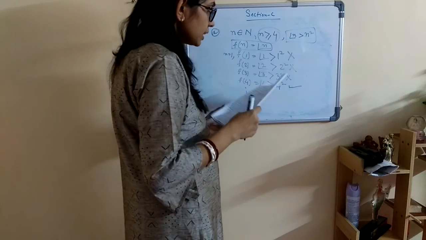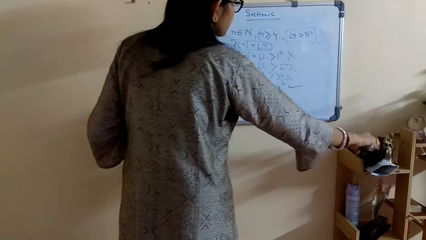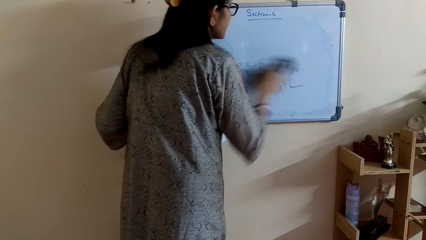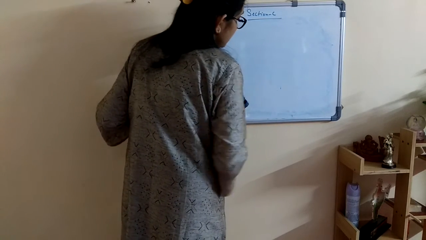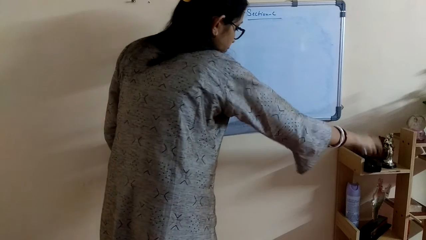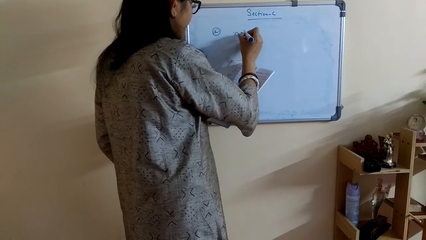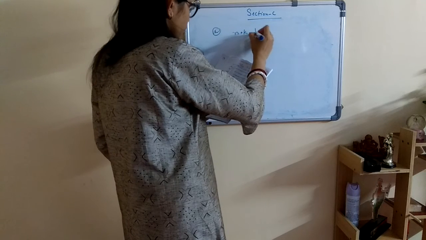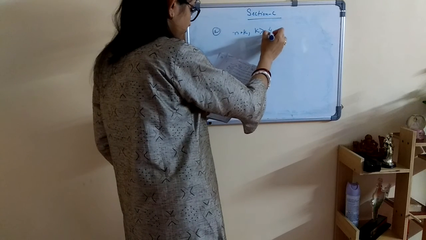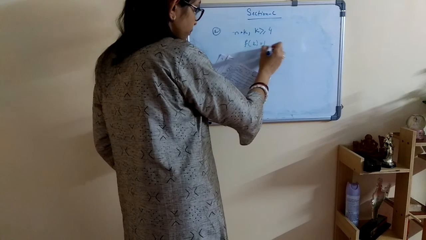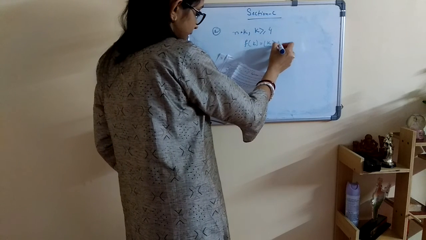But if we have to prove it by the method of induction, then we have to consider an element k in the general form to prove it. So for that, let us consider n equals k. So k greater than or equal to 4, we can conclude. So let us assume f(k) equals factorial k is greater than k square.